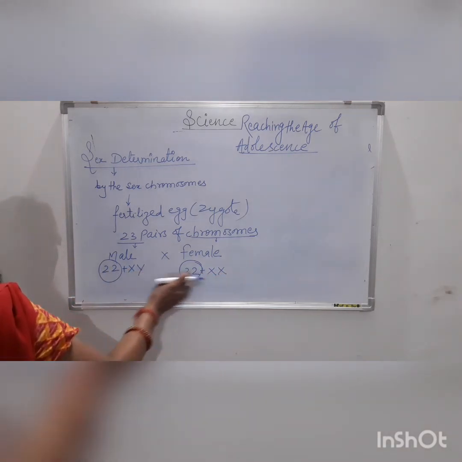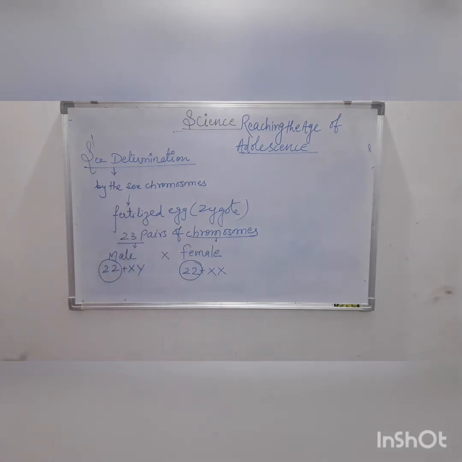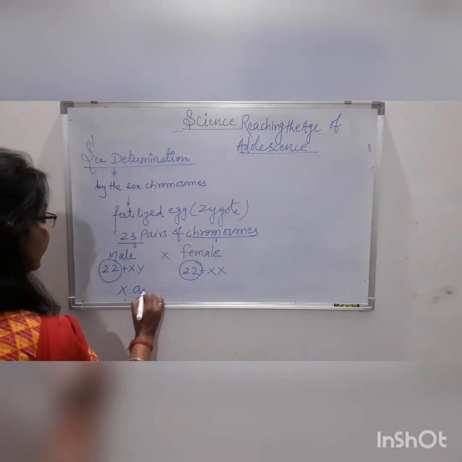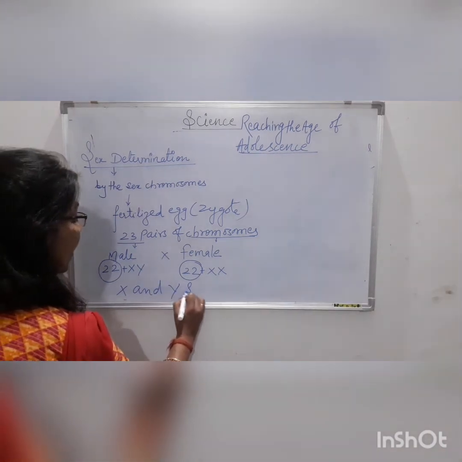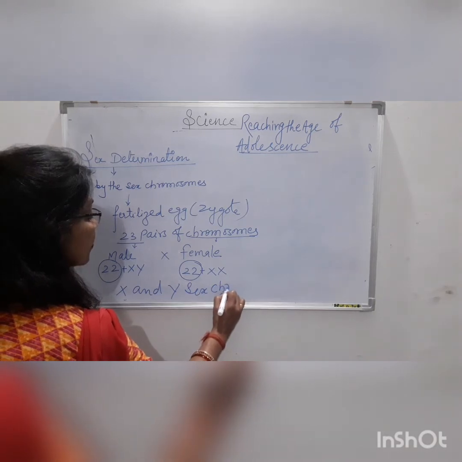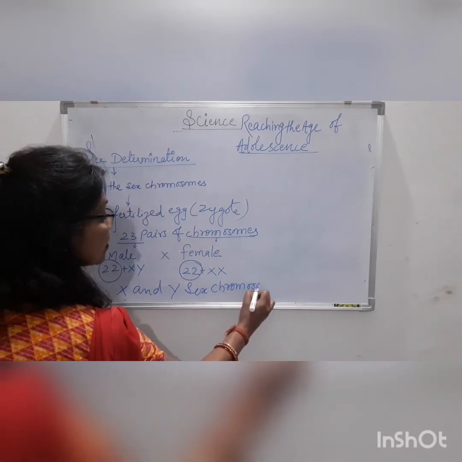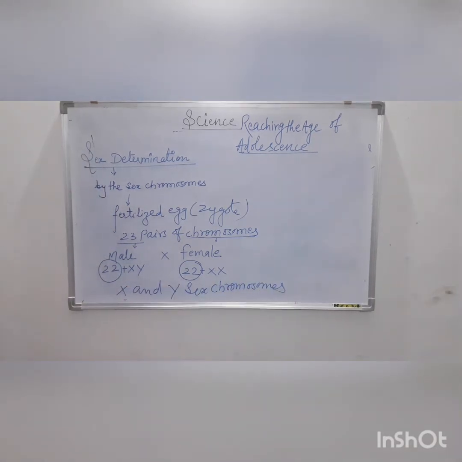Different. So on the basis of that, we can say there are two types of sex chromosomes, that is X and Y sex chromosomes. Clear, children? A female or woman or a mother has only X chromosomes in all her gametes called the eggs.